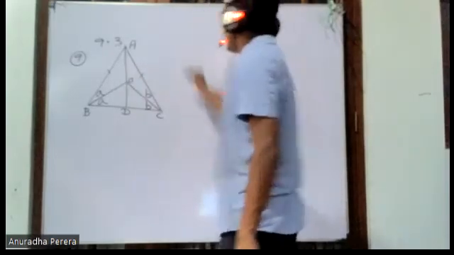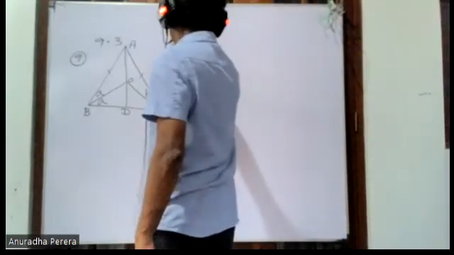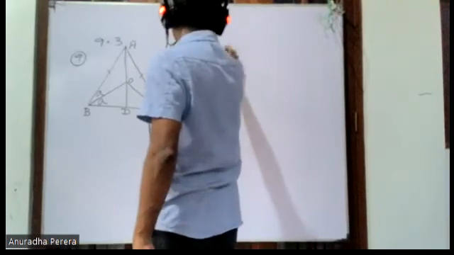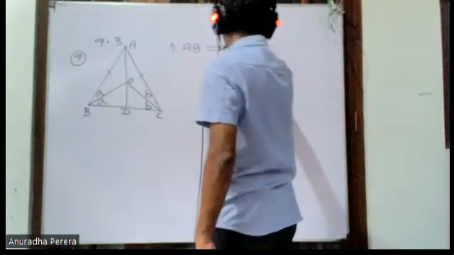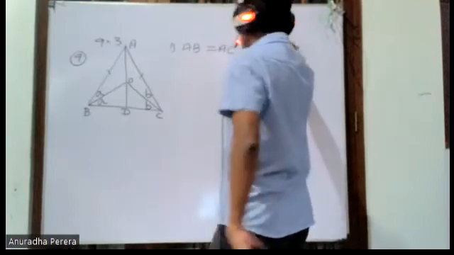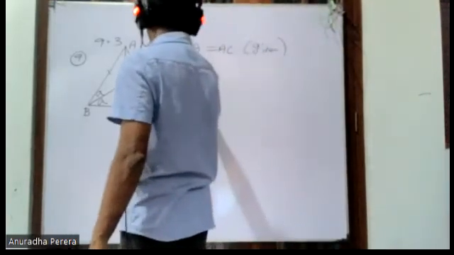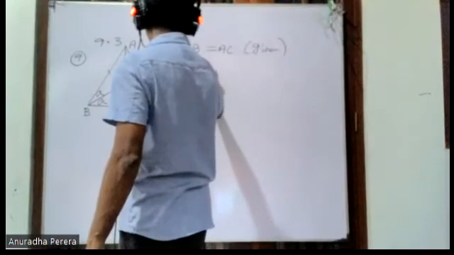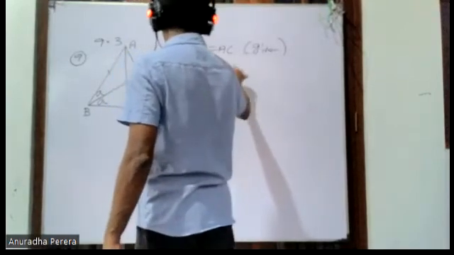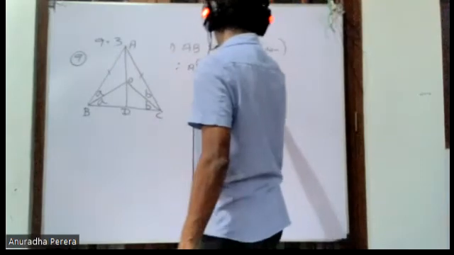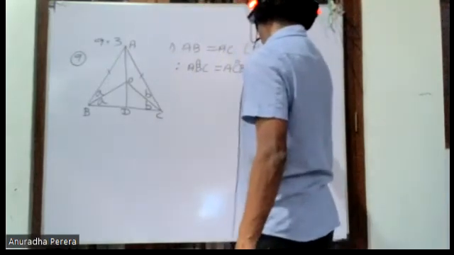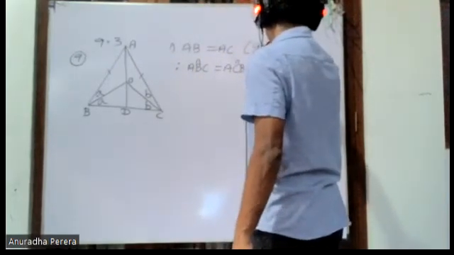Then we know AB equals AC. It is given. Therefore, ABC equals ACB according to the isosceles triangles theorem.